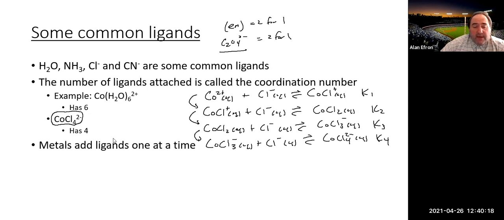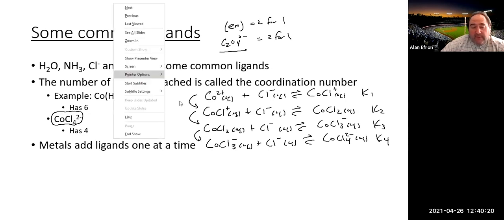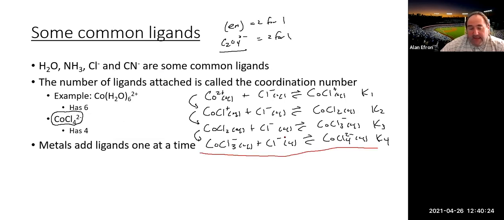This is also how we get to the overall reaction that we were just looking at. If we add up all these steps, we can cancel out, just like we normally do, anything that's the same on opposite sides of the arrow. This would cancel, this would cancel, this would cancel.